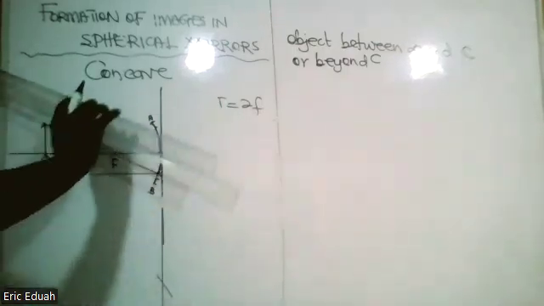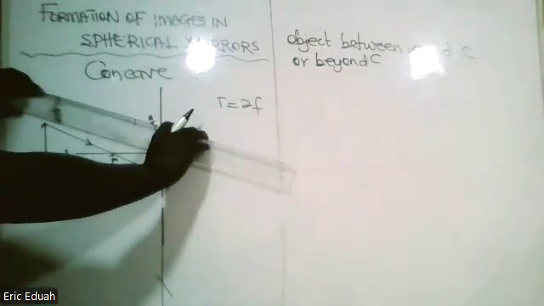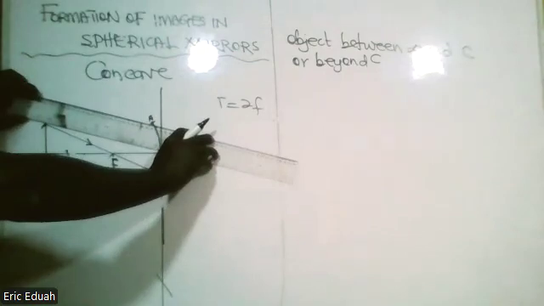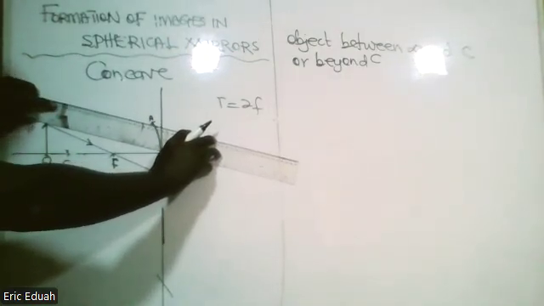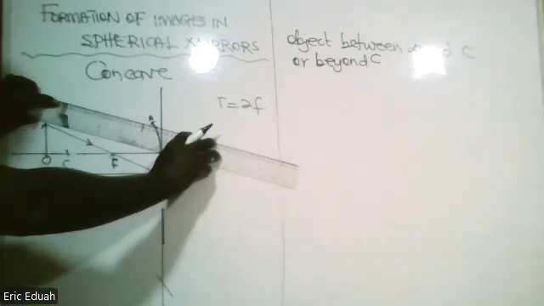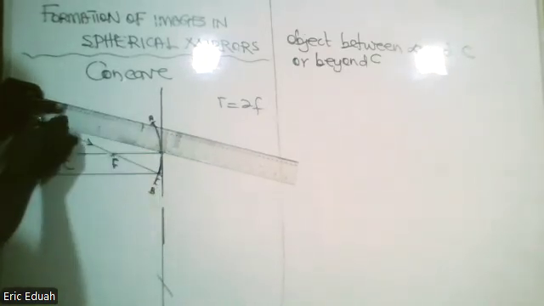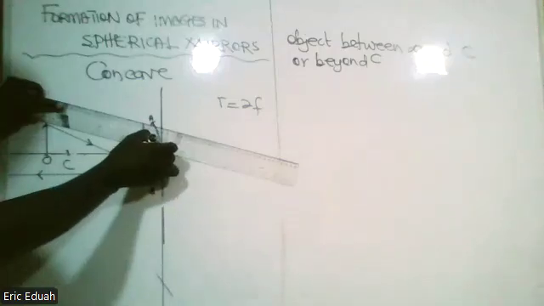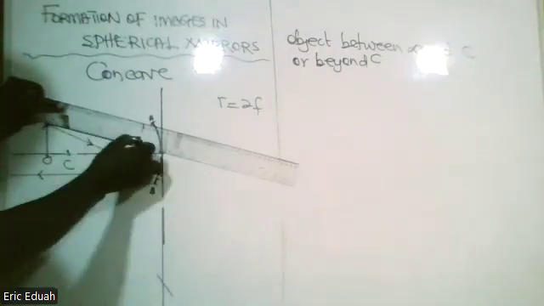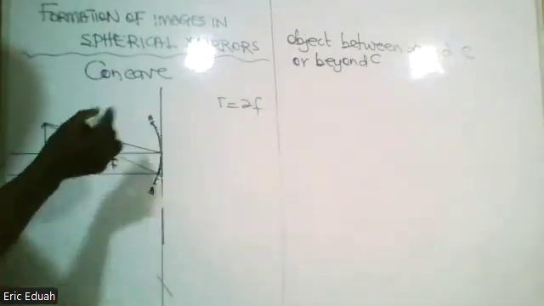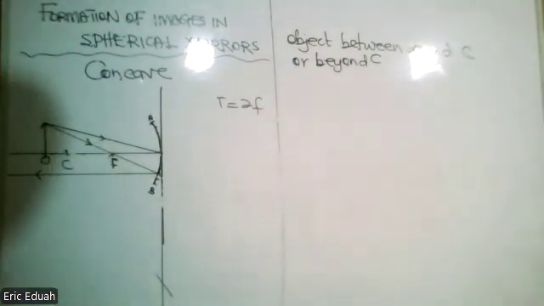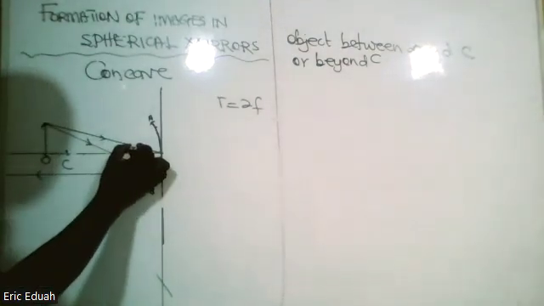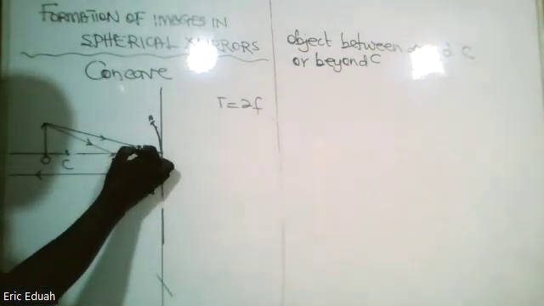Then I can also use a ray of light hitting the pole just to vary the rules. And once it is hitting the pole, it must reflect at the same angle.